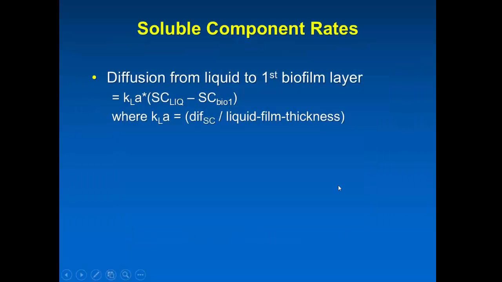So to discuss briefly how these equations work so that you can see the way that we've modeled these things. First of all, the diffusion itself is fairly typical. We have a mass transfer coefficient, and then we have some sort of driving force or gradient of concentration.